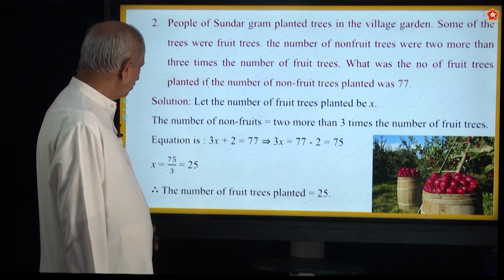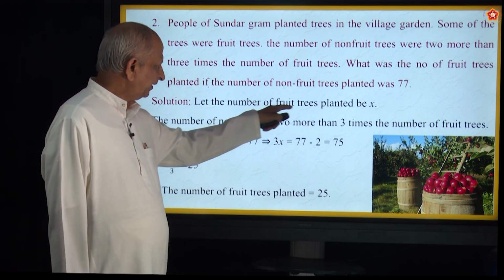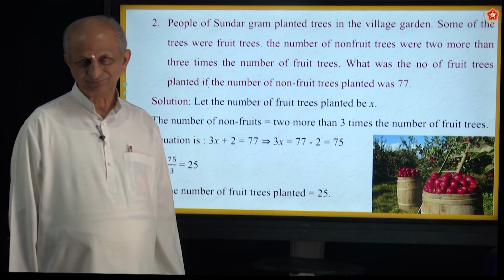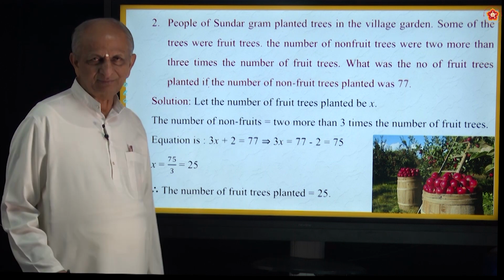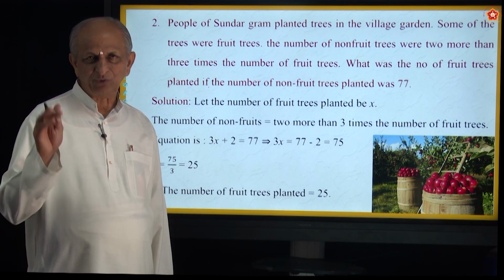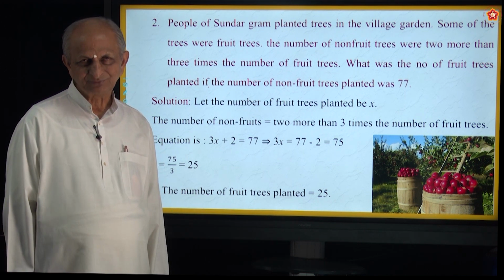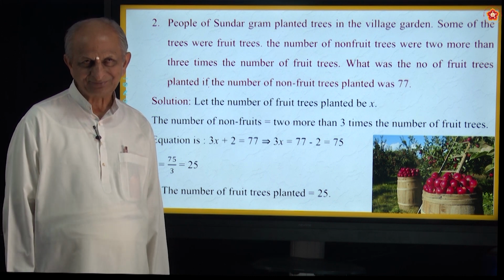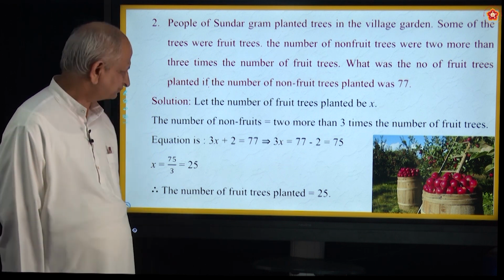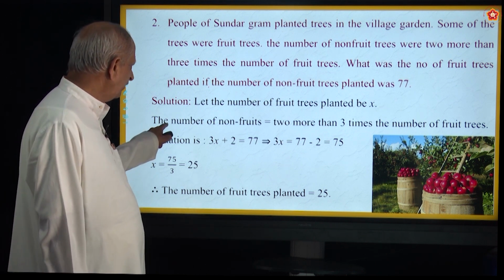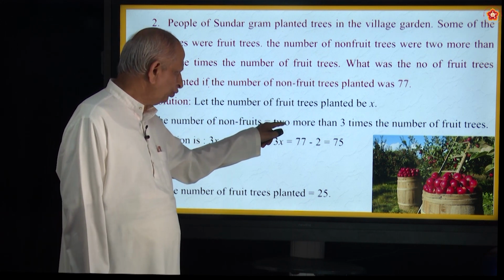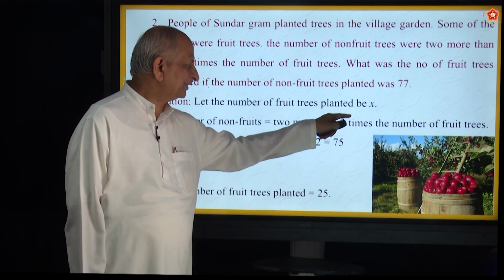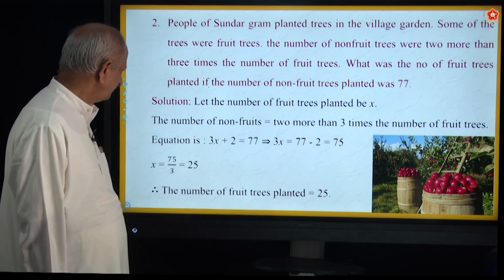So what we don't know now, the number of fruit trees, we will call it x. Now non-fruit trees, there are some trees which do not give fruit at all. For example, the Ashoka tree. It won't give fruits. Correct? So they are called non-fruit. The number of non-fruit trees is 2 more than 3 times the number of fruit trees.